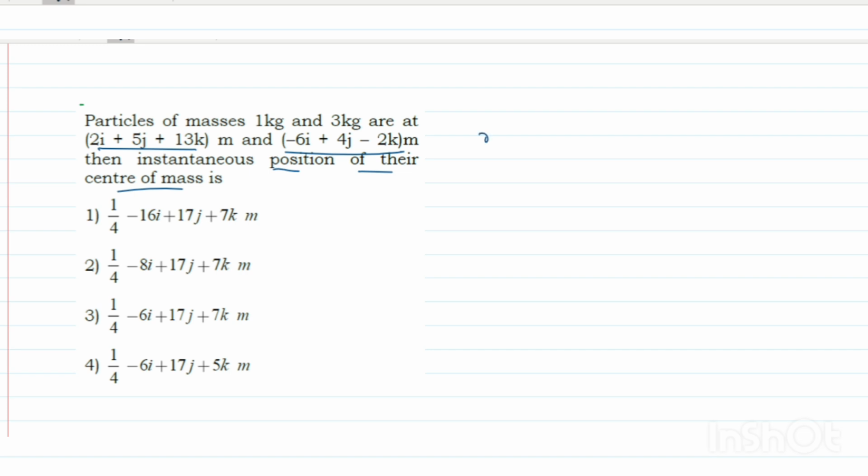Here R_CM will be equal to, you can take this as the position vector R1 and this as R2. So M1 R1 plus M2 R2 by M1 plus M2. M1 is given as 1 kg, and its position vector R1 is 2i cap plus 5j cap plus 13k cap.